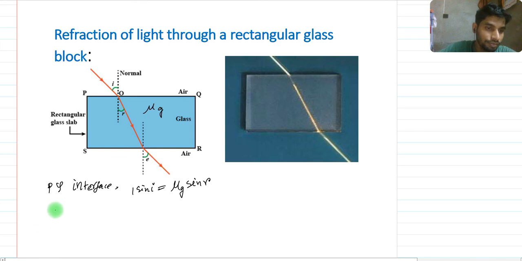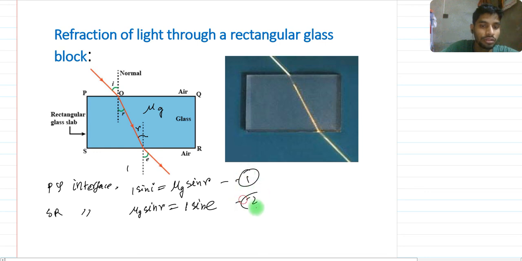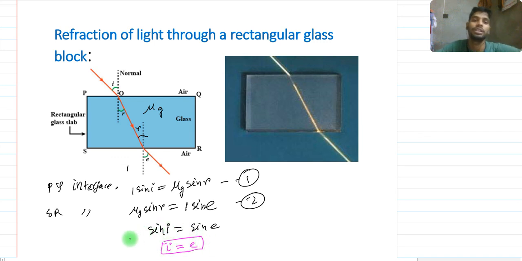And for the SR interface, you can write μG sin r equals 1 sin e, here written e. So comparing these two equations, you see sin i equals sin e. That means i equals e. Angle of incidence equals angle of emergence, right?